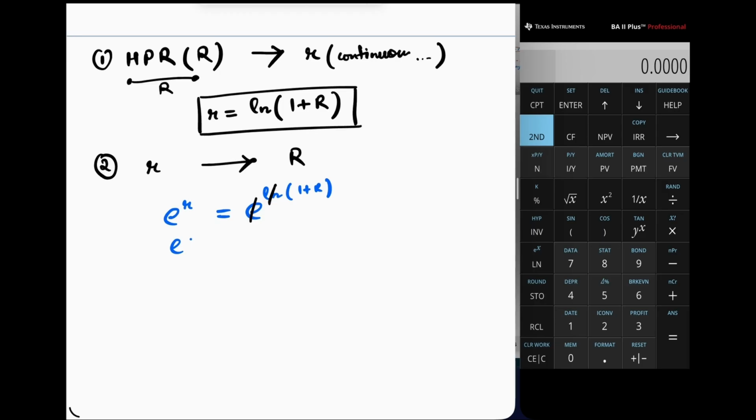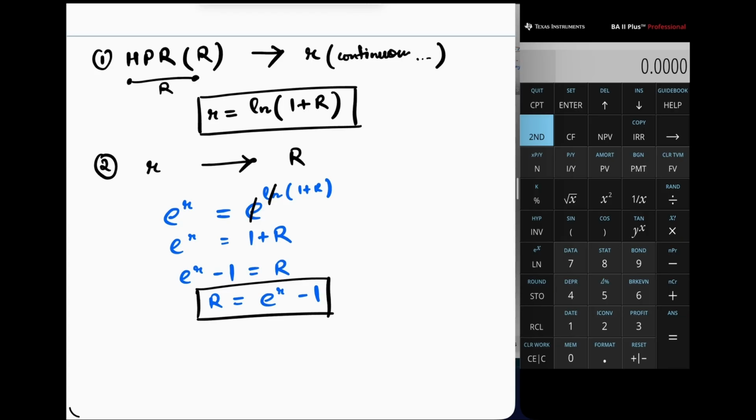Then e to the r is equal to 1 plus R. Bring the 1 to this side, it will become minus 1. So I can write R is equal to e to the r minus 1.